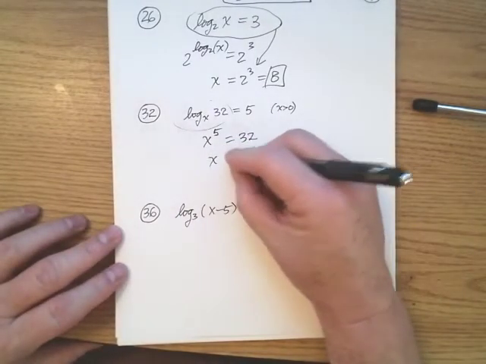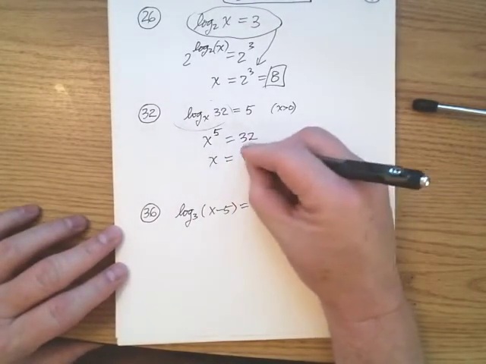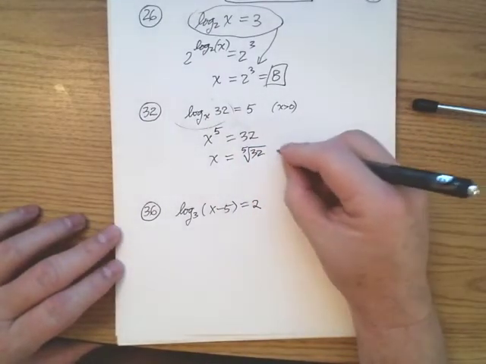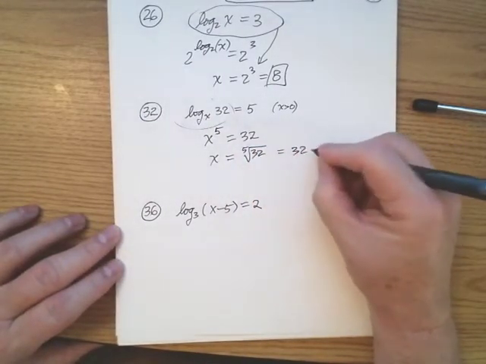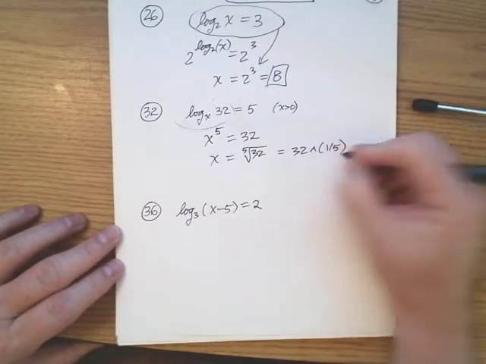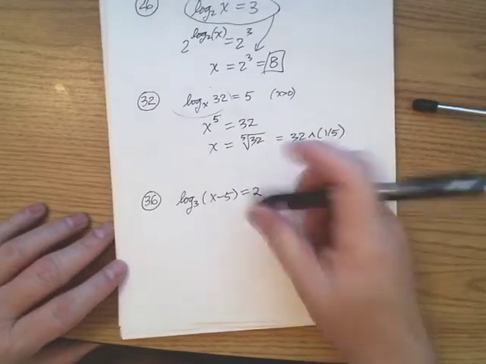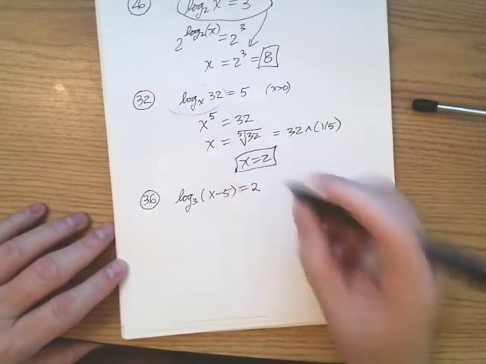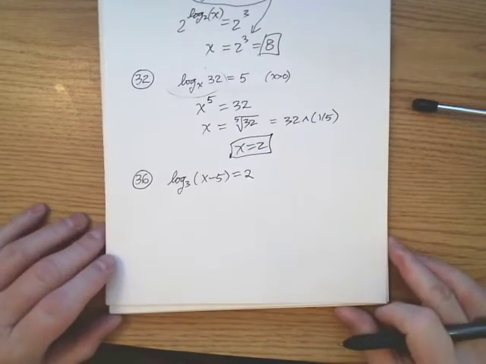And then what you can do is take the 5th root of 32. Do you know how to do that on your calculator, by the way? That's 32 up caret 1/5. This we could actually do in our heads. If you guys know what the 5th root of 32 is, it's actually 2. Okay?